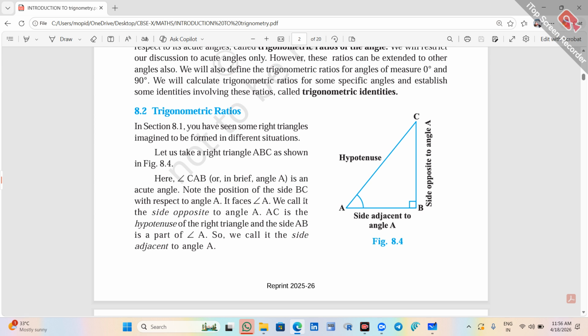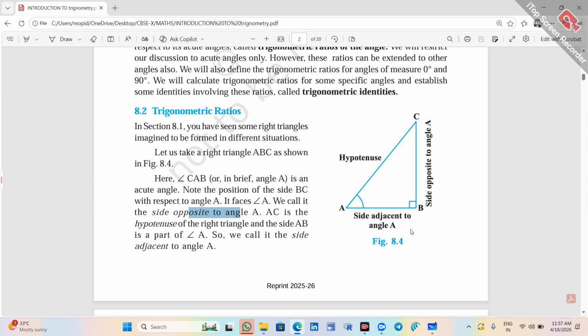Note the position of the side BC with respect to angle A. It faces angle A. We call it the side opposite to angle A. AC is the hypotenuse, we know. And side AB is part of angle A, so it will be called the adjacent side. For angle A, BC will be opposite and AB will be adjacent.